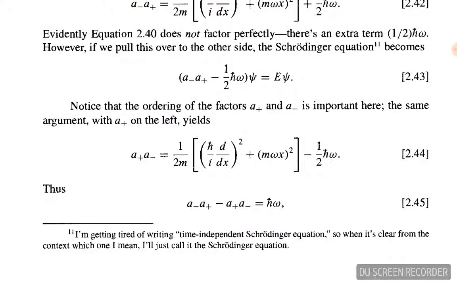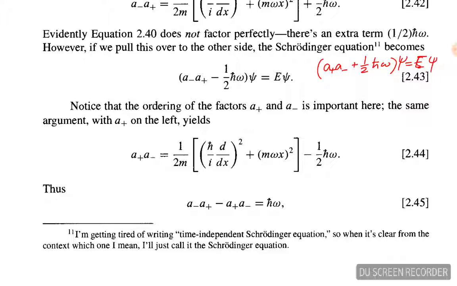So we can just replace it in here. All I did was put the operators in the opposite order, and I get a positive sign there, plus the 1/2 h bar omega.